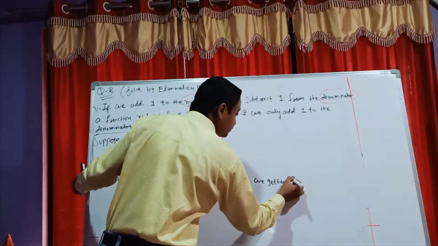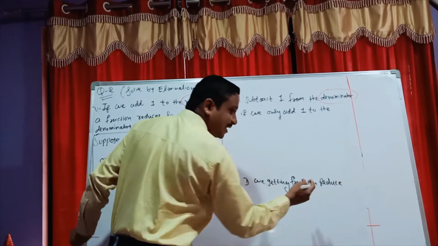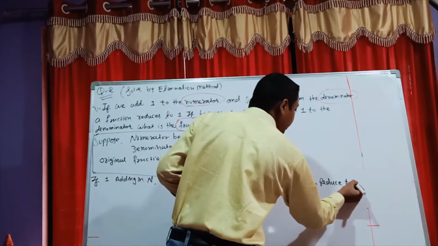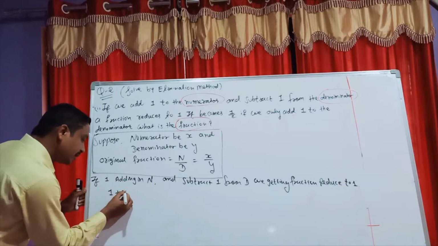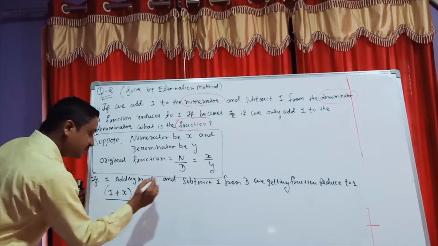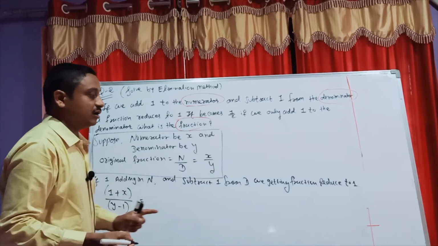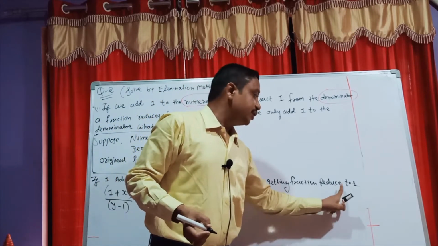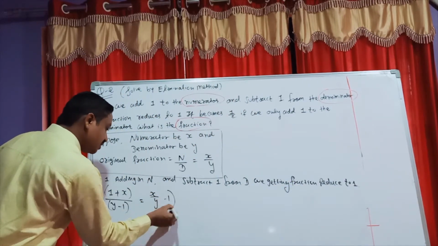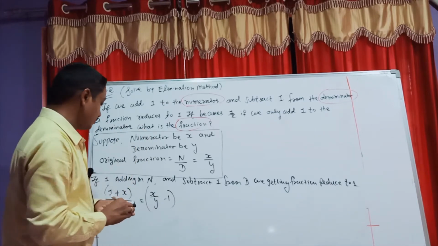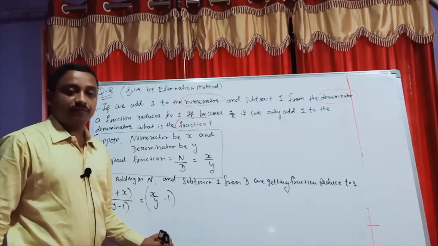So a fraction reduced means it is a lesser value, reduced to 1. So check here, 1 added to numerator x, so 1 plus x, and subtracting 1 from the denominator means y minus 1, and here we get the fraction reduced to 1. So what is your fraction? x by y equals 1.